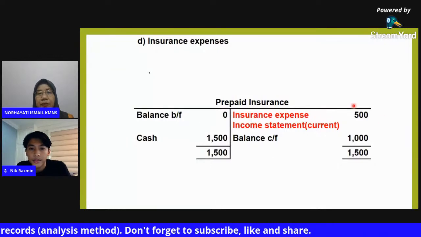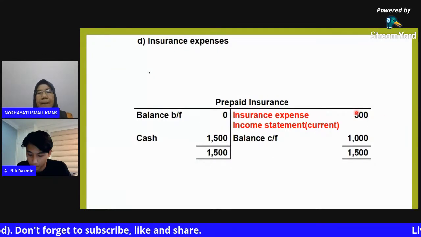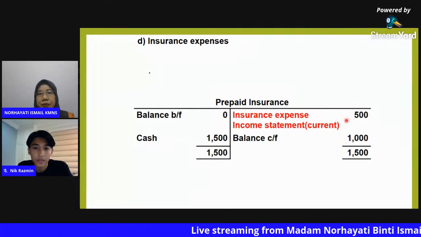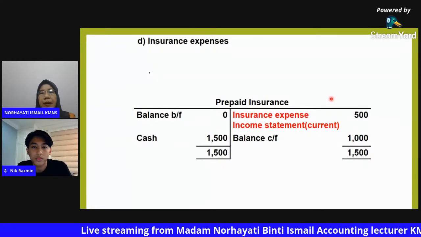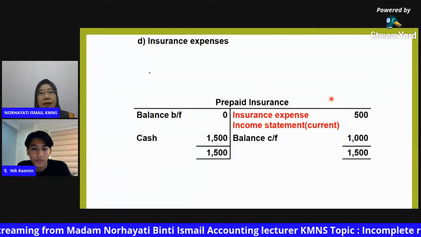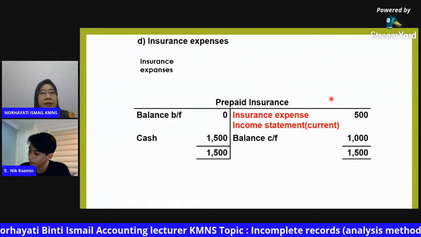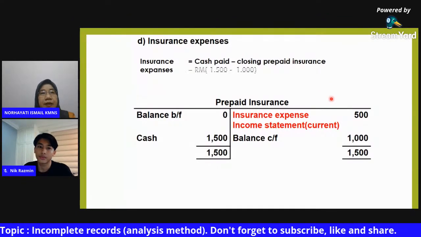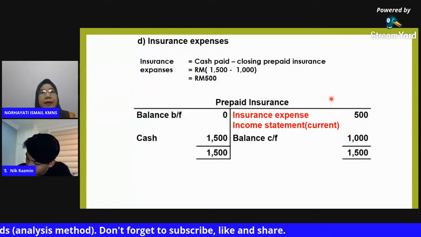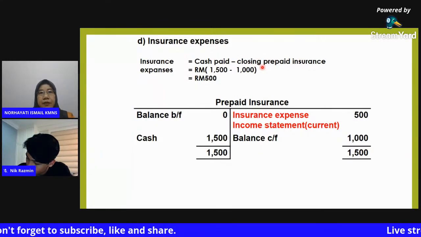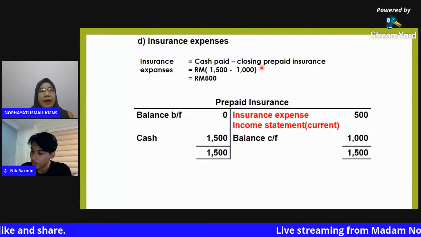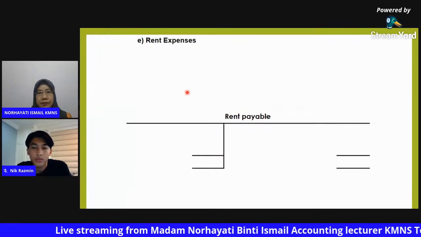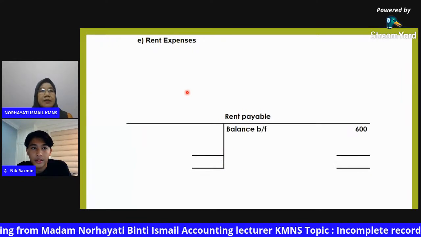This one we must record in the statement of income. And the balance carried forward under prepaid insurance, we must record in the financial position as a current asset. Now this is the calculation for insurance expense using the formula: cash paid less closing prepaid insurance, and you get RM 500.